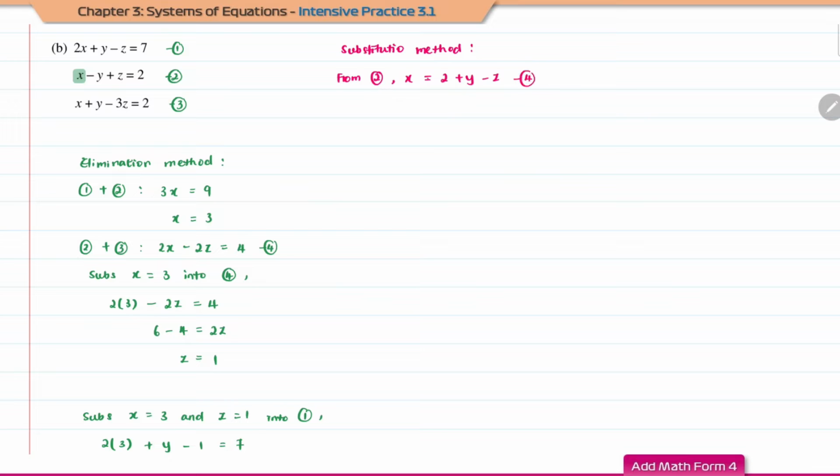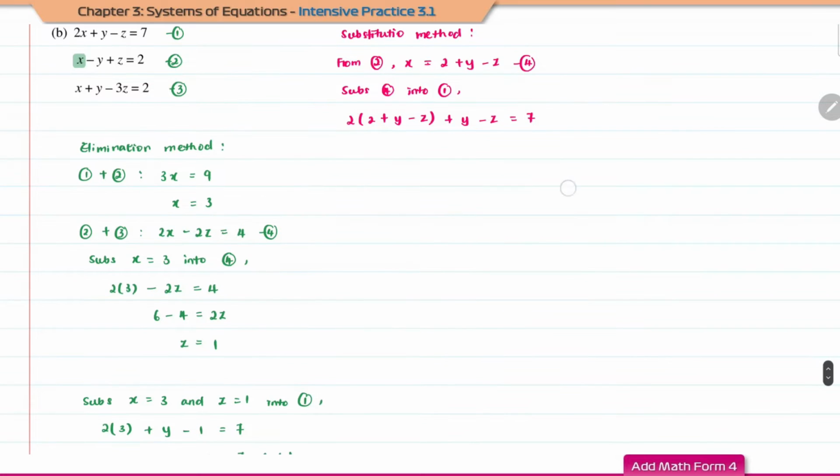And I'm going to label this as equation number 4. Next, I'm going to substitute equation 4 into 1 and 3. So 2x, next, I'm going to expand this.